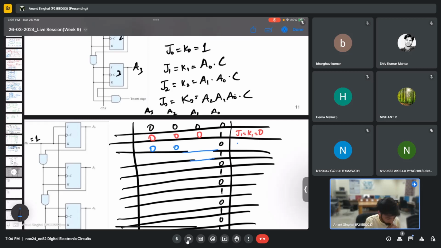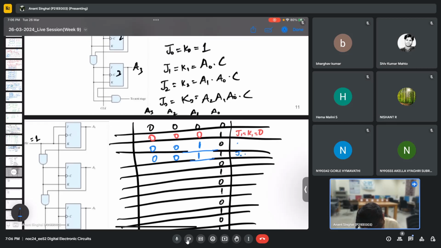This will be 0, 0, 0, 0, 0, 1, 0, 0, 1, 0. Then this will be 0 again. This will be A2. This will be 0 again. What is A1? A1 is making, okay, so yeah, it will remain the same.